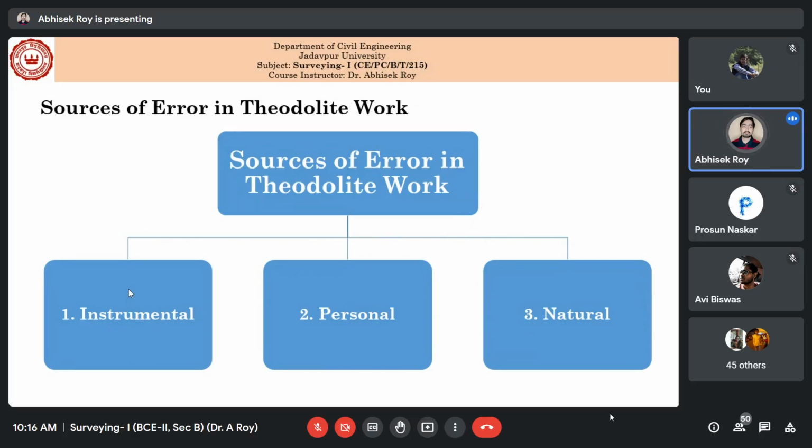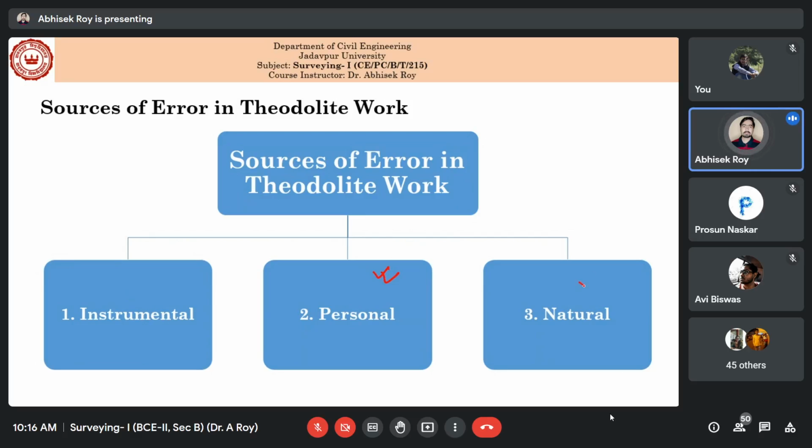So how to manage those errors, we have to learn. Then there is personal error. While taking the measurements, maybe a person is making some error. This error is very hard to remove. What you have to do is be very careful while taking the measurements. Only then can you remove this sort of error.